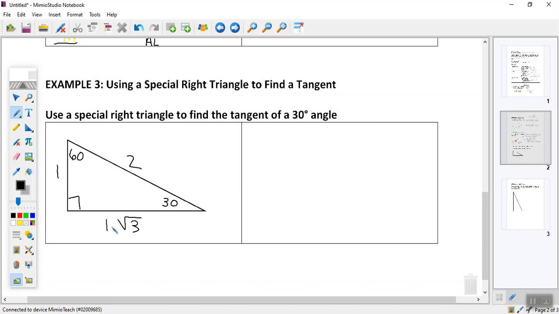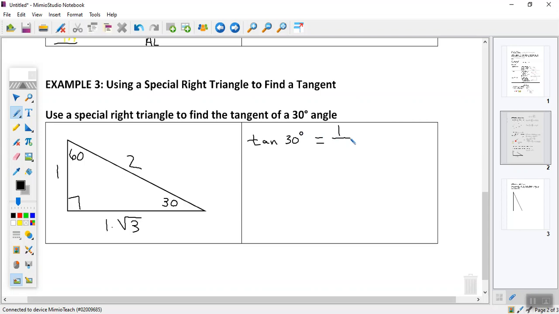Let's just talk about tangent of 30 degrees here, kids. In this triangle right here, which leg is opposite of my 30-degree reference? What's the long leg or adjacent leg length then? Root 3, right?